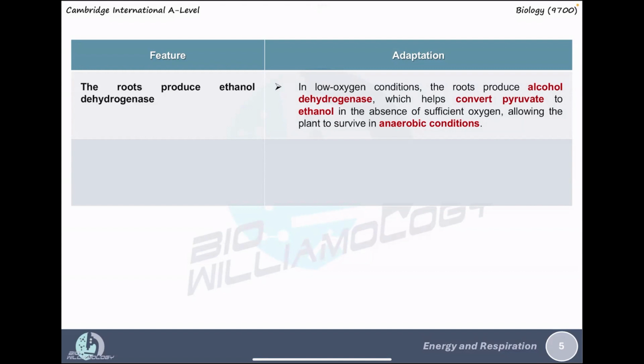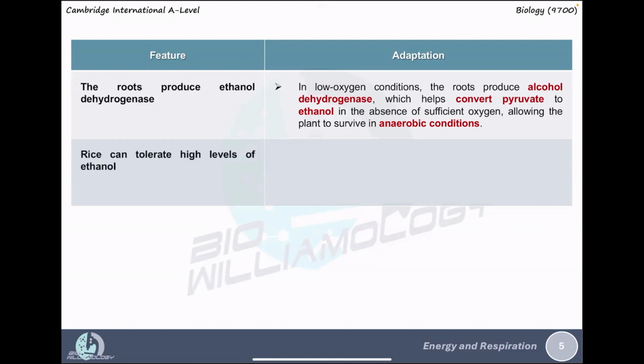So during anaerobic conditions, the reduction of pyruvate to form ethanol allows the regeneration of NAD. The regeneration of NAD allows the continuity of glycolysis so that the rice plant manages to gain 2 ATP molecules per glucose molecule.